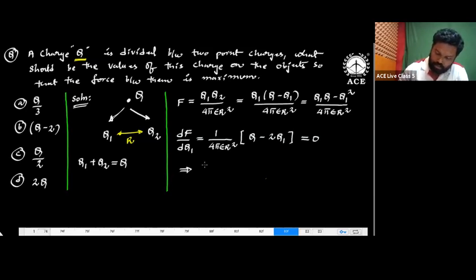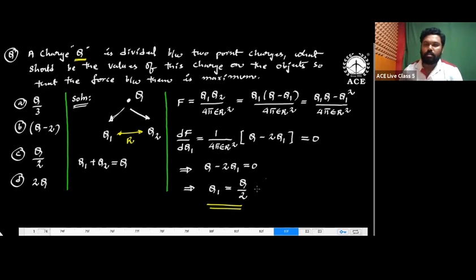So q minus 2q1 is equal to 0, q1 is equal to q by 2. So I need to distribute charges equally so that the force between them will be maximum. So what is the answer here? Option C is the answer.